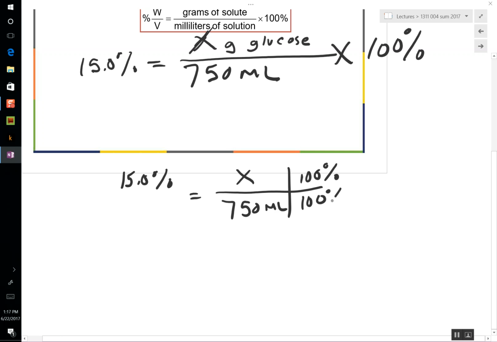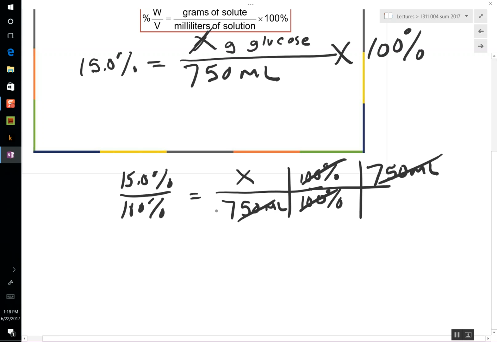Well, if I divide this by 100%, I would have to divide this by 100%. And if I multiplied this by 750 milliliters, I would have to multiply this by 750 milliliters. And I'd solve for X. So just clean it up a little bit and do the algebra to isolate the X. And let's calculate that, and we will just about be done here.